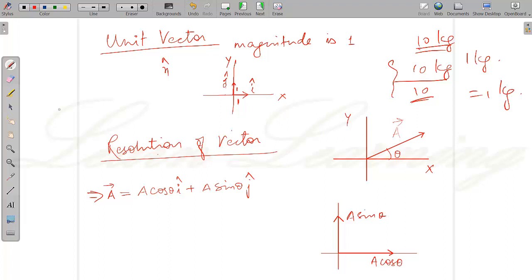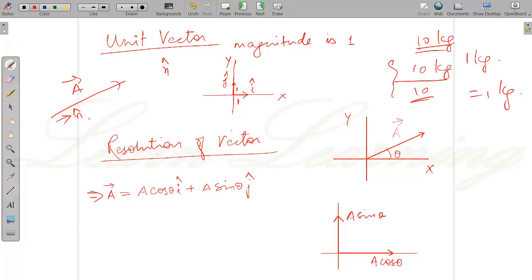Similarly, for a unit vector, or let's say any vector, how do you want to get it? Let's say there is a vector A given, and someone is asking you to find the unit vector in this direction. Let's say this unit vector is represented by n cap. We generally represent a unit vector with a cap.